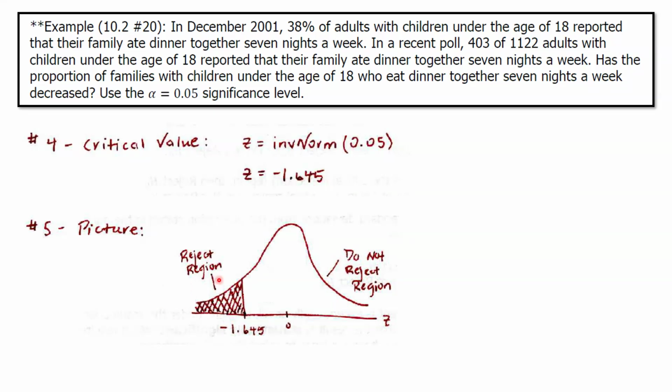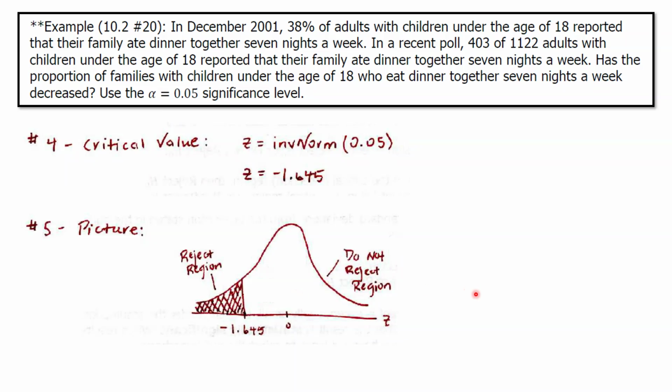Our critical value is going to be at negative 1.645, and our test statistic, marked as z, is going to be in either the rejection region or the do not reject region, which is what we'll find in our next step.